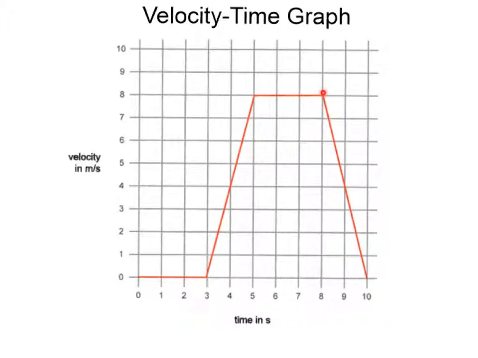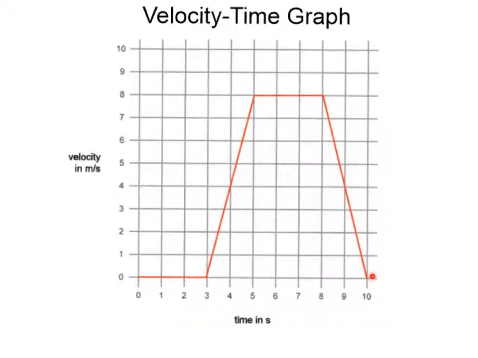And then what happens? No change in velocity. I'm going a constant 8 meters per second. So I'm not at rest, am I? Right here, I'm still traveling at a constant velocity. I'm no longer accelerating. Now, what is happening here? We can look at this as a change in velocity. My velocity is changing, and it's going to be a negative value.